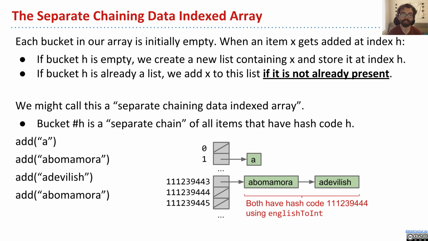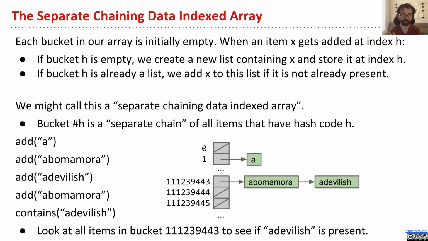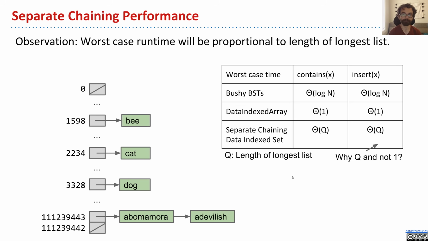And the reason I'm calling it this is that each bucket is a separate chain of all items that have that same hash code. So now if we try to do lookup, for example, like does this contain a devilish, well, we will compute this hash code again, 111239443, go to this little list, and we see that, indeed, a devilish is present. So that's the heart of our new, better idea. So let's improve it.